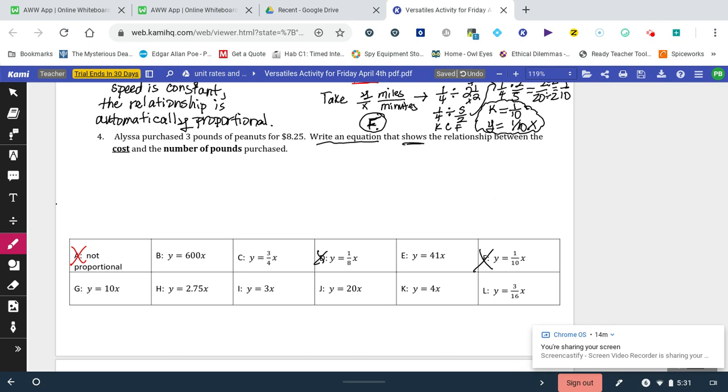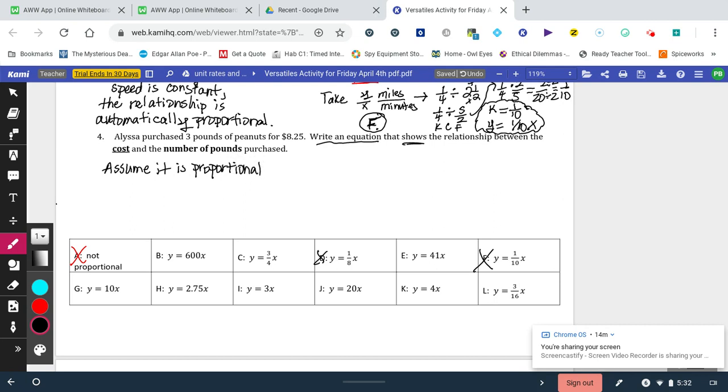So we're assuming that it is proportional. It didn't give us any other numbers to work with besides just one pair. So we're going to assume that it's proportional.